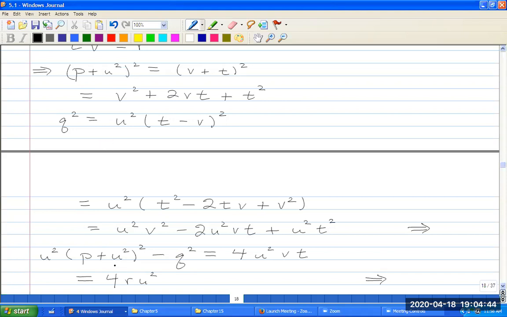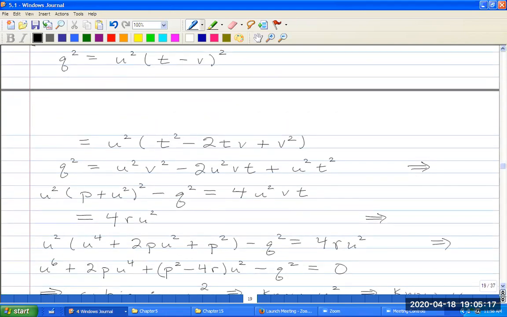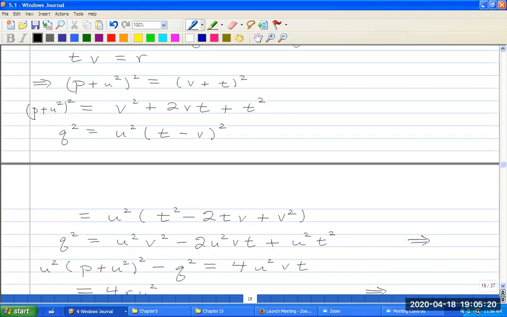Okay. Will just equal, so if you just multiply this here, let's just write this. P plus u squared, squared. And then this is q squared. Okay, so I should have written one more line. So multiply this by u squared.